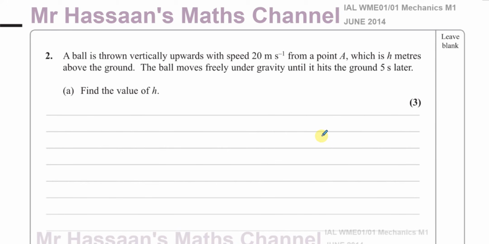Okay, so first of all, let's just get started. In general, I always like in mechanics to have a very clear idea of what direction I take as positive or negative. There are different methods you could use, and you can use whatever you're used to and prefer.